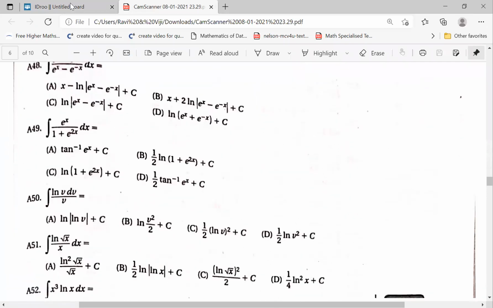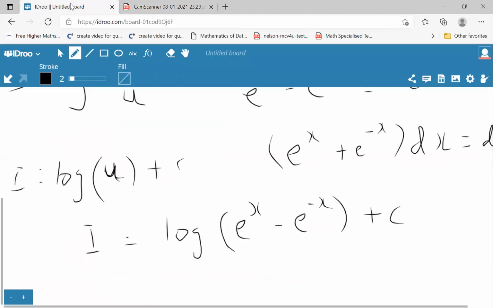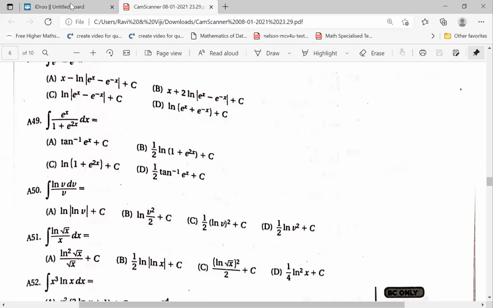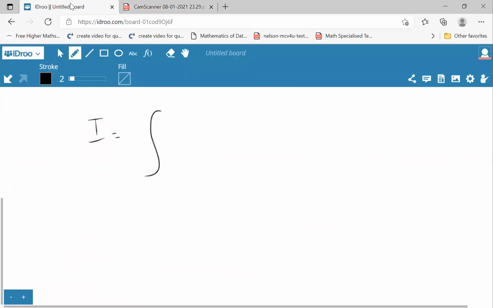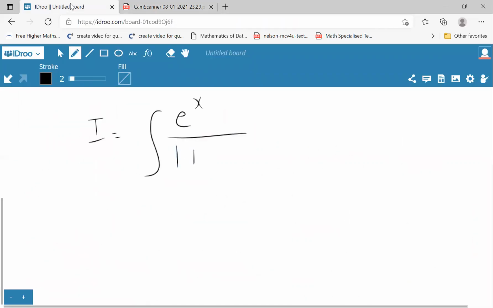Coming to the 49th, integration of e to the power of x by 1 plus e to the power of 2x. I is equal to integration of e to the power of x divided by 1 plus e to the power of 2x dx. In the same way, this also can be solved by the method of substitution.